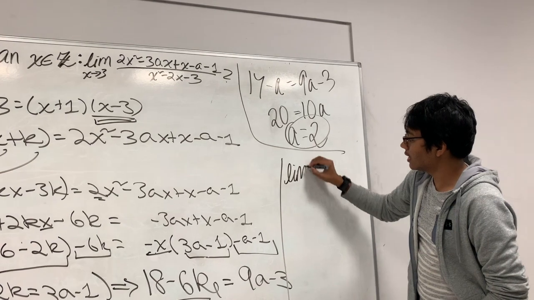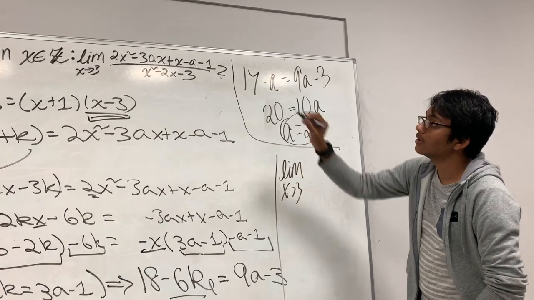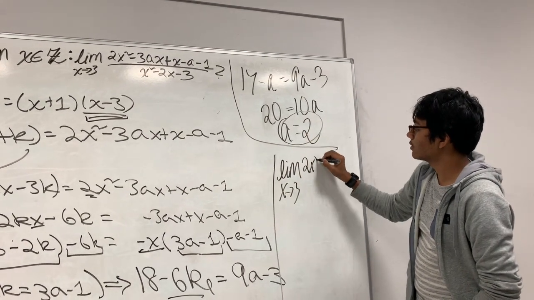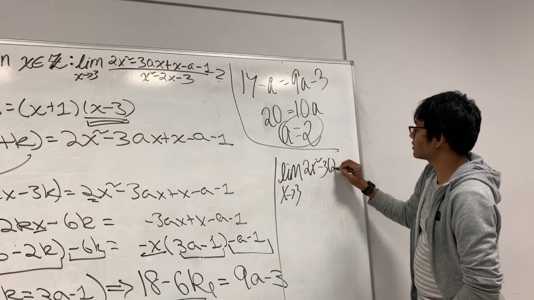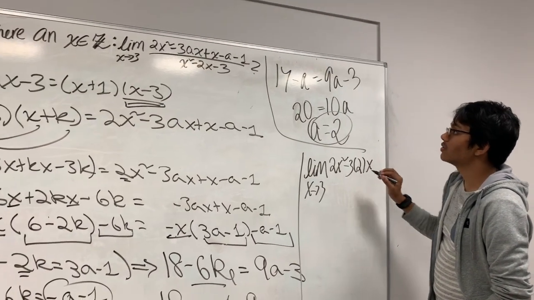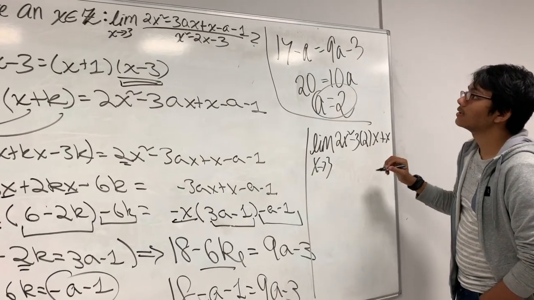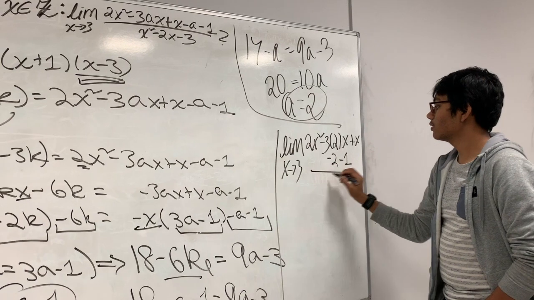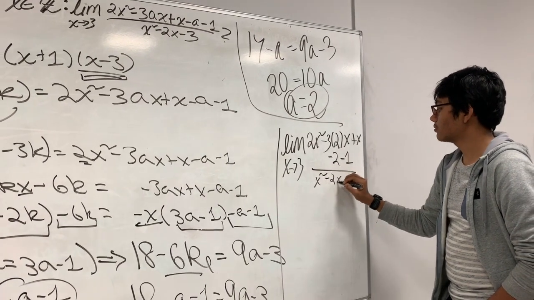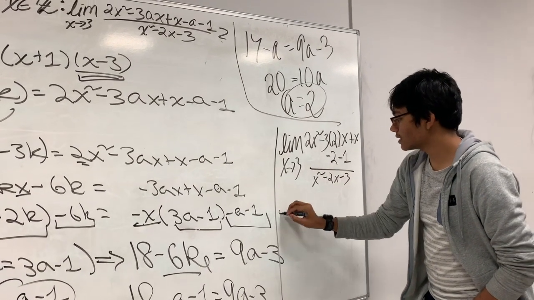So the limit as x approaches 3 of 2x squared minus 3ax plus x minus 3 over x squared minus 2x minus 3. We know that a is 2, so we can just plug in. What does this simplify to?